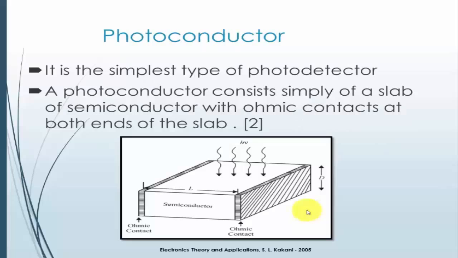So first of all, we will start with the photoconductor, and as can be seen, it is the simplest type of photodetector. A photoconductor simply consists of a slab of semiconductor with ohmic contacts at both ends of the slab. So let's talk about the photoconductor in more detail.